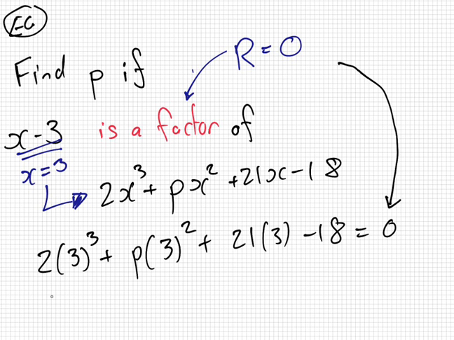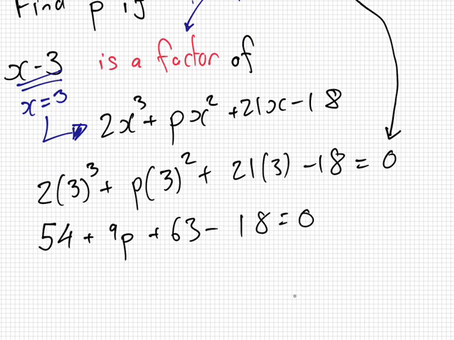What's that? 27. Is that 54? Can someone check? 54 plus 9p plus 63 minus 18 equals 0. So p would equal 18 minus 63 minus 54, all over 9. Is that right?